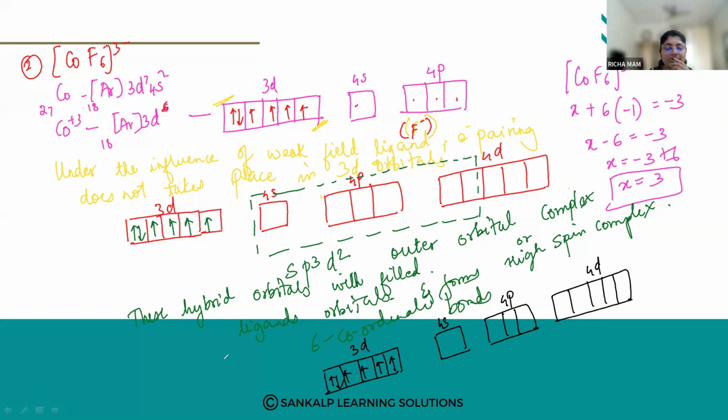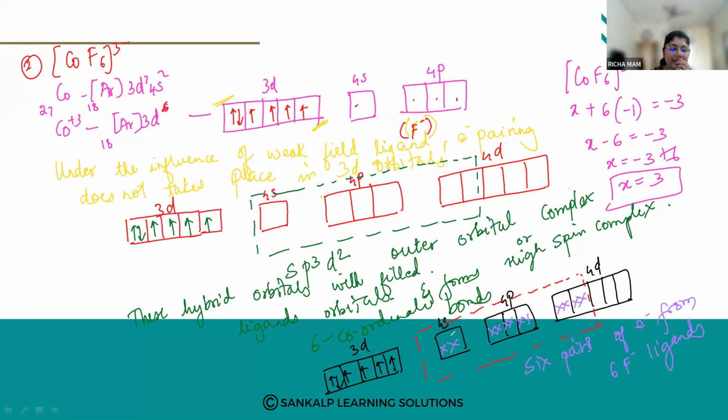These are the orbitals which are used by your central metal atom. Now these are the orbitals which will be used by the ligand orbitals. So let us write the ligand orbitals. It is 1, 2, 3, 4, 5, and 6. These are the 6 pairs of electrons from 6 fluorine ligands.